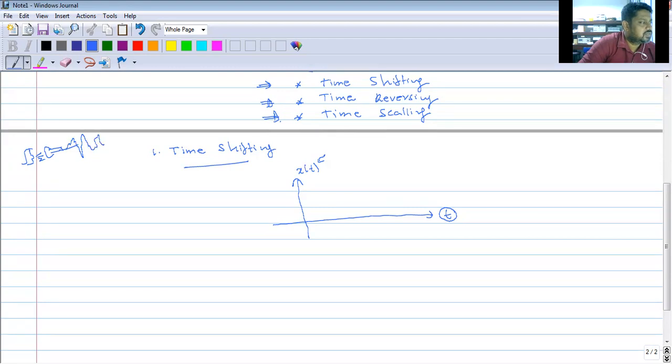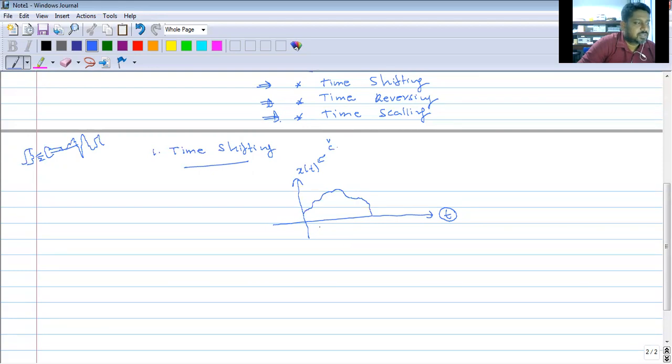So it is an audio signal, or it may be a video signal, or any kind of signal. Here it may be a voltage or current that varies with time. If I draw the signal, let's say it is this kind of arbitrary signal.